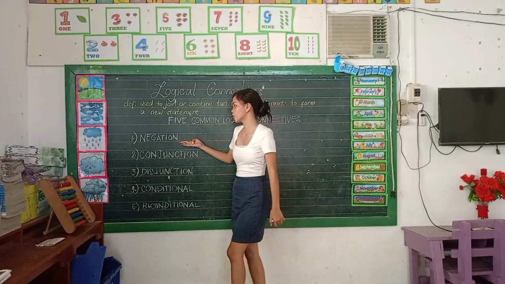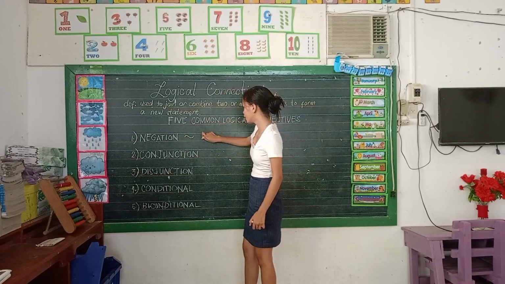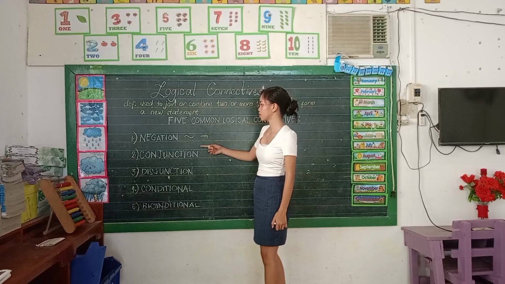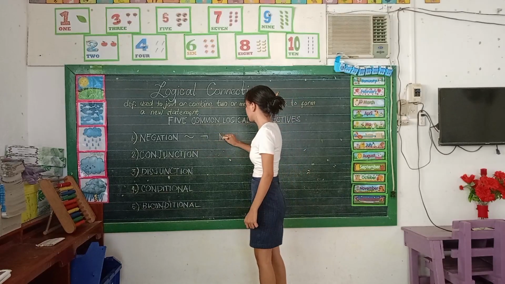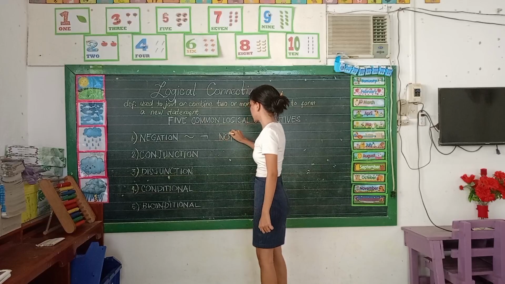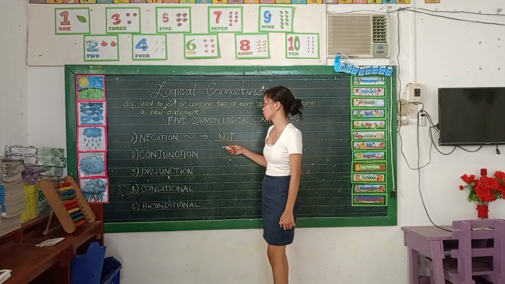First, we have negation. The symbol of negation is written like this, or it can also be written like this. These symbols are read as not. So the connective word here is not, negation.